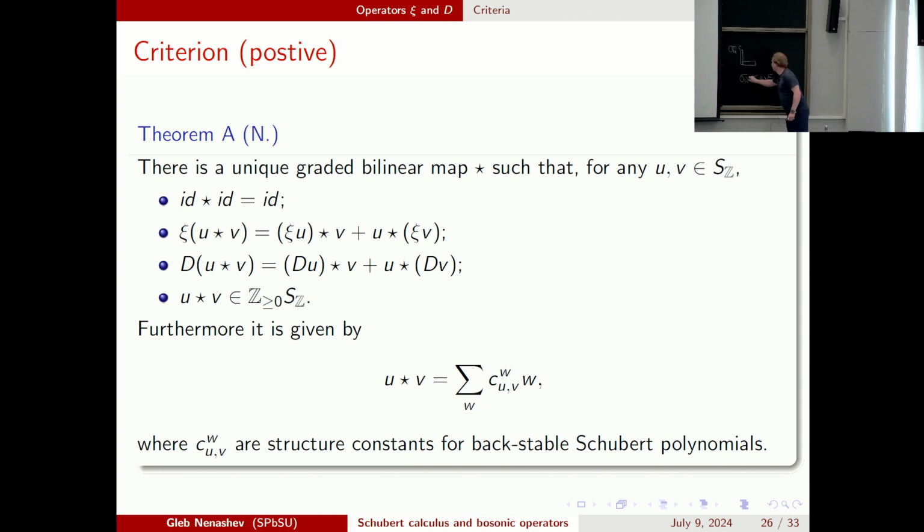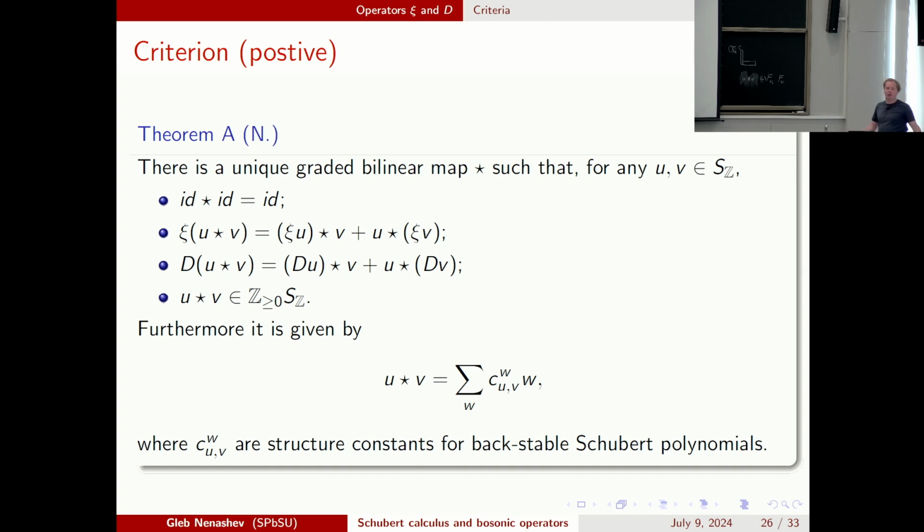So you can send a product of two permutations to a product of Stanley symmetric functions. Even if you multiply 1 times u, you will have such only sent to Stanley symmetric functions. So it will be automatic.